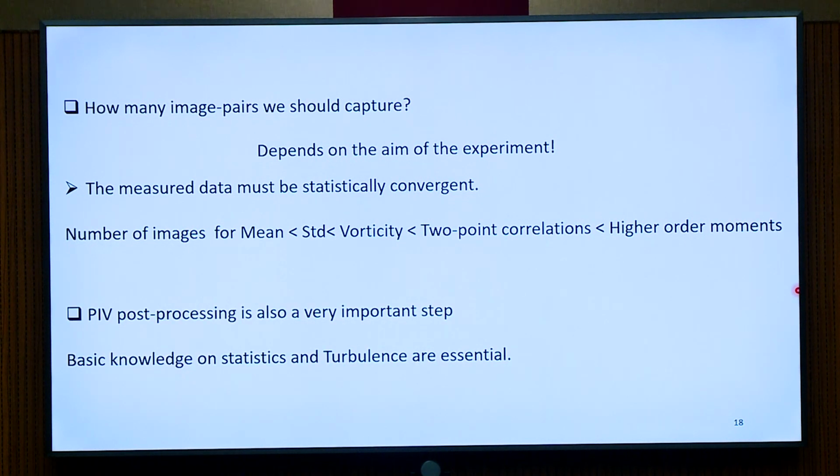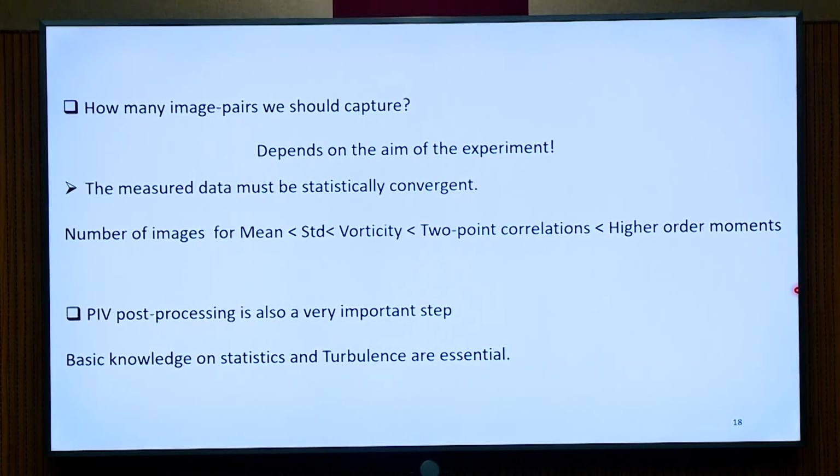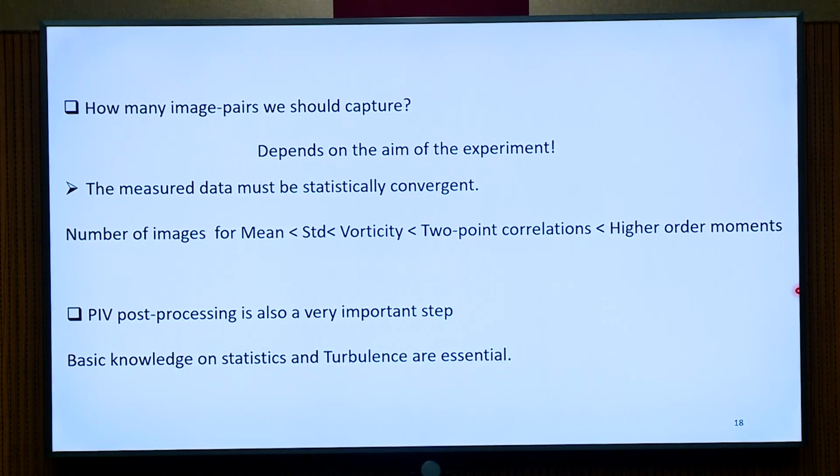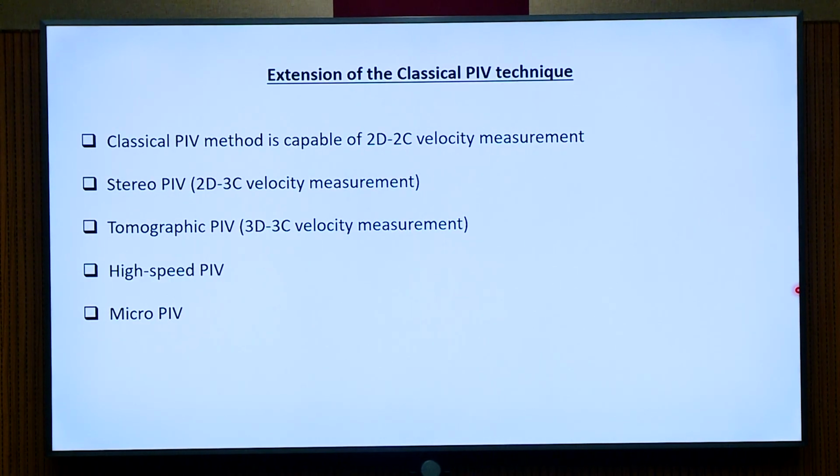Okay, so in general, PIV post-processing is a very important step. Basic knowledge of statistics and turbulence is essential. Okay, the classical PIV technique has been extended to stereo PIV, for example, where you can get two-dimensional but three-component velocity.